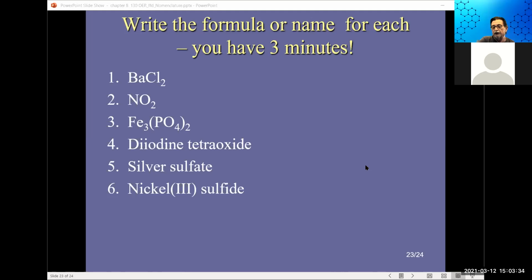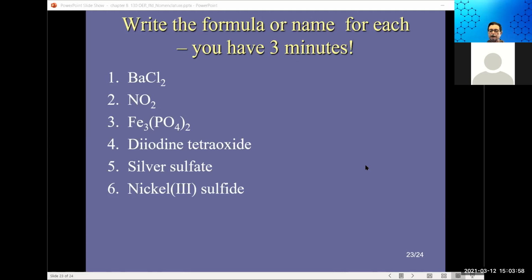Number 3 here. You got Fe3(PO4)2. Parentheses should tell you polyatomic ion. I go to my table to figure out what is the PO4, because obviously it's not phosphide because they got oxygen there. So it's got to be phosphate.